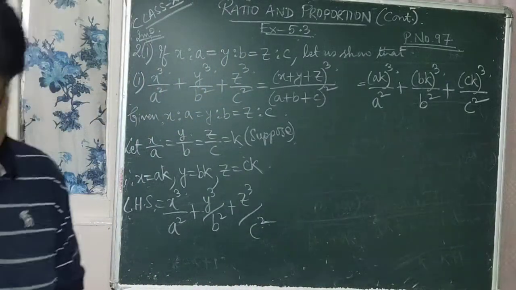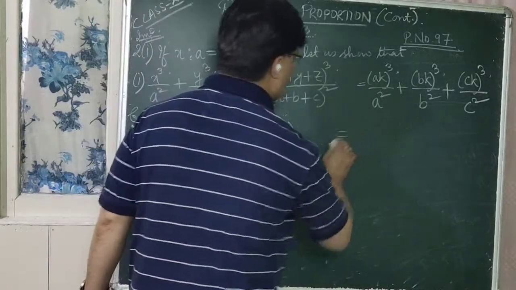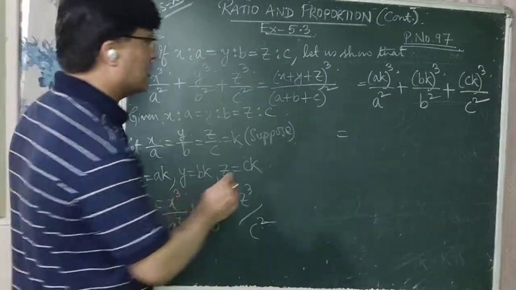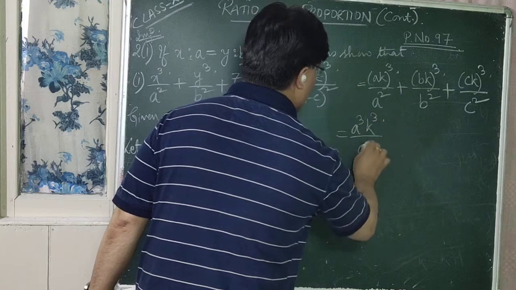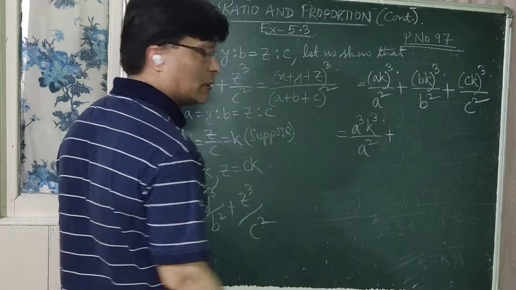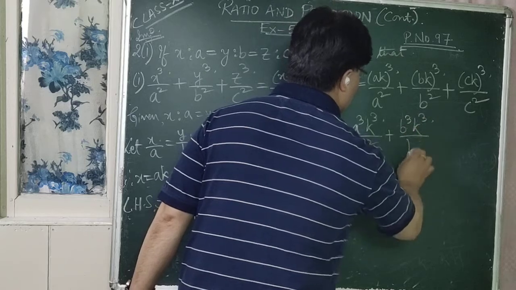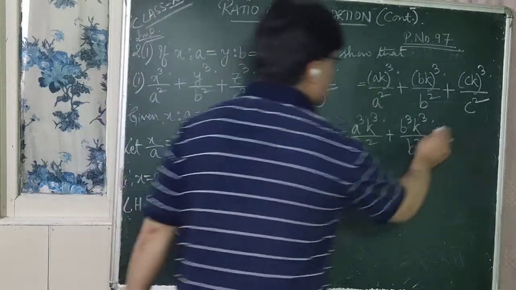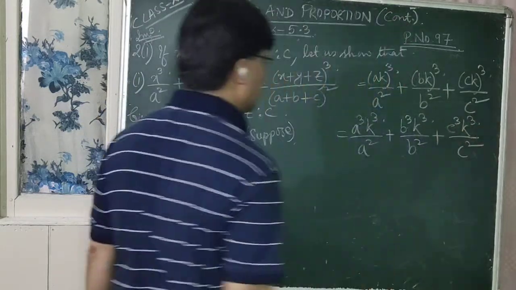So let us simplify it. Which is equal to, what is (AK) whole cube? That cube is for both the terms A and K. That is A cube K cube divided by A square, plus (BK) whole cube is B cube K cube divided by B square, plus (CK) whole cube is C cube K cube divided by C square.